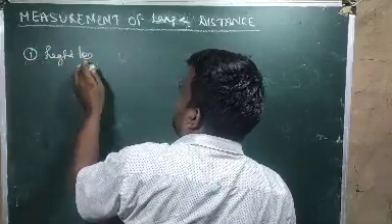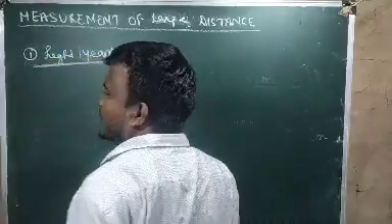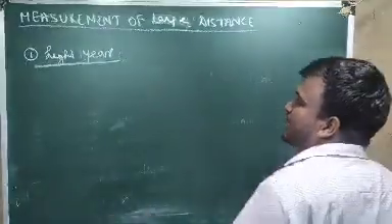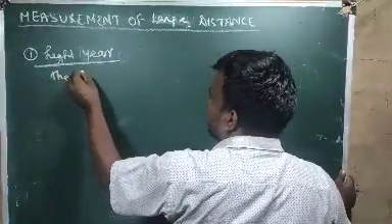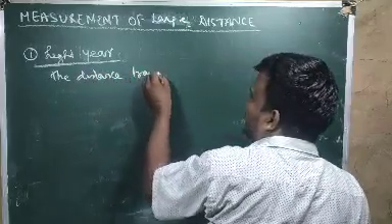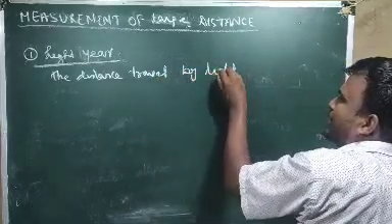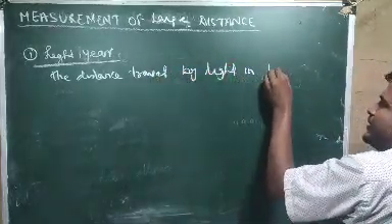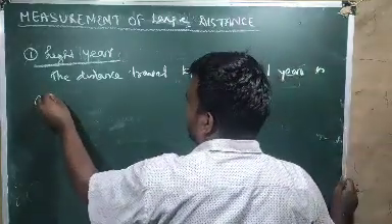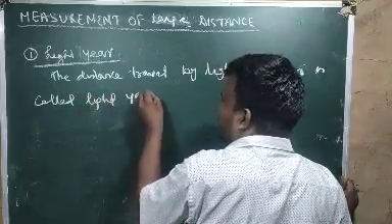As the name implies, light year seems like a unit of time, but it is not; it is a unit of distance. What is the meaning? The distance traveled by light in 1 year is called a light year.